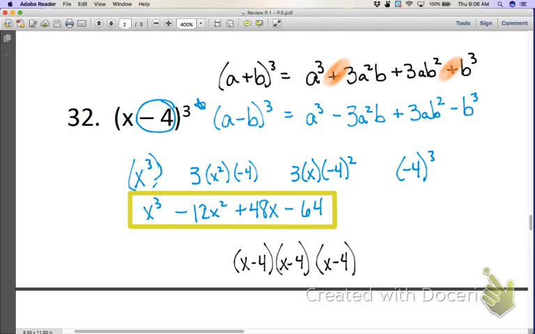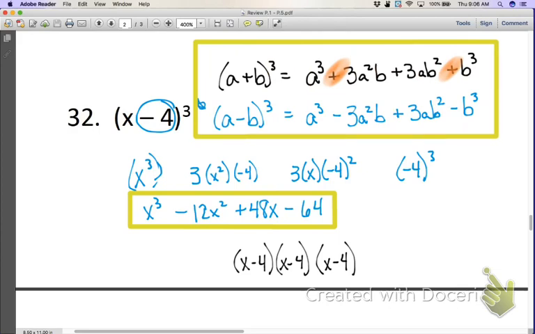You could multiply the first two out and FOIL or double distribute, whatever, and then re-multiply that trinomial with the binomial. But this will shorten your workload a lot more.